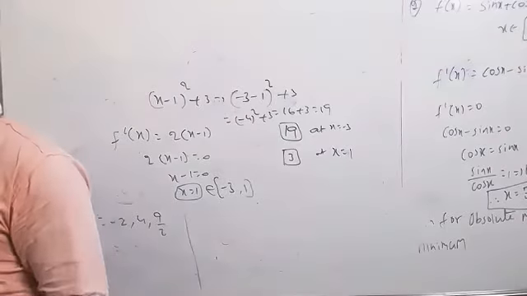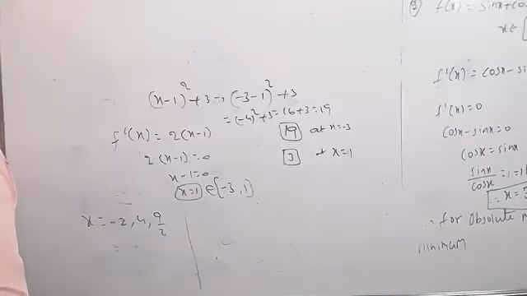Oh, one more you can write now. f of x equal to 2x cube minus 15x square plus 36x plus 1.